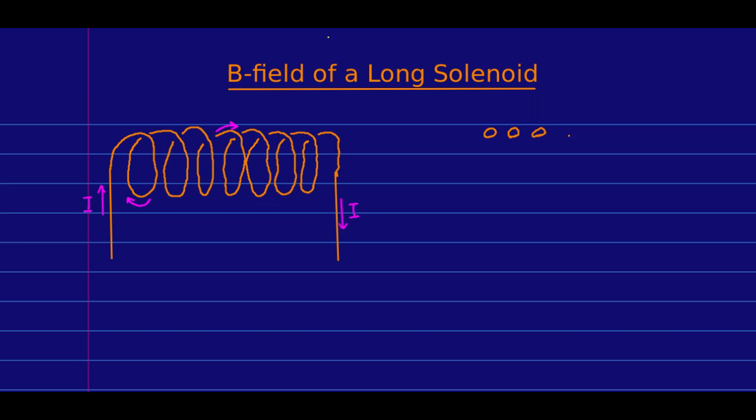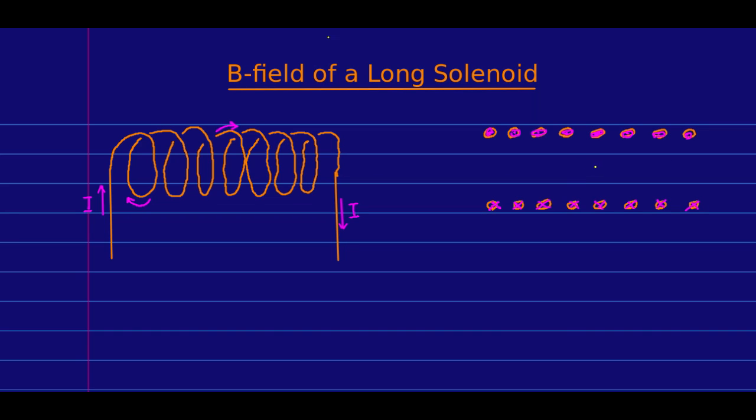So there are some wires up here. These are the sliced off ends of the wires, and there are the wires down here, which are other sliced off ends of the wires as we took our cross section through the solenoid. And I'm going to say that the current is coming out in these ones up here.